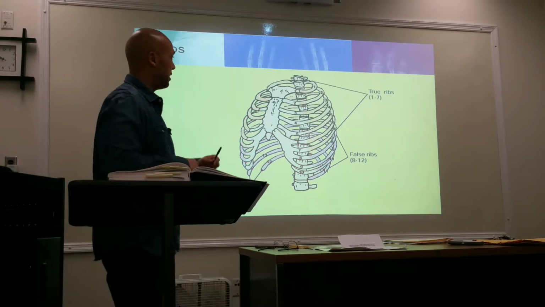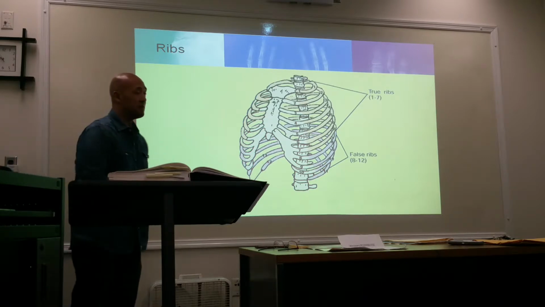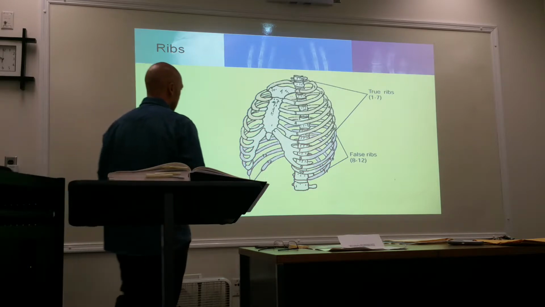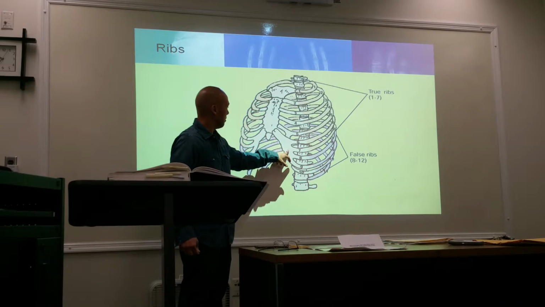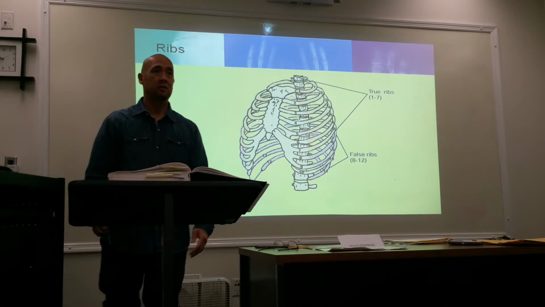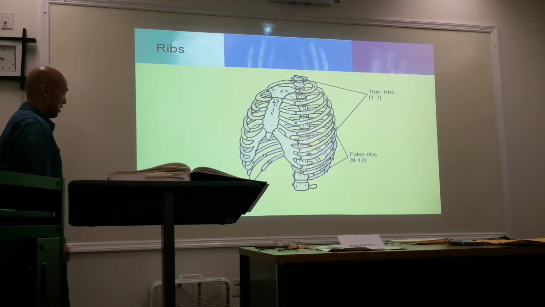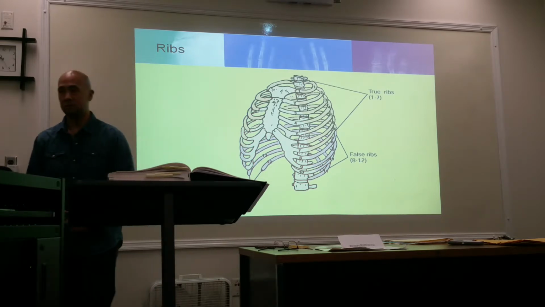If you have 7 notches, it articulates with the 7 ribs. This is why ribs 1 through 7 are called the true ribs. Whereas ribs 8 to 12 share a cartilage, and so those are called false ribs. And ribs 11 and 12 have no cartilage at all, and they are called floating ribs. So 11 and 12 can be called false ribs, but more specifically, they're called floating ribs.